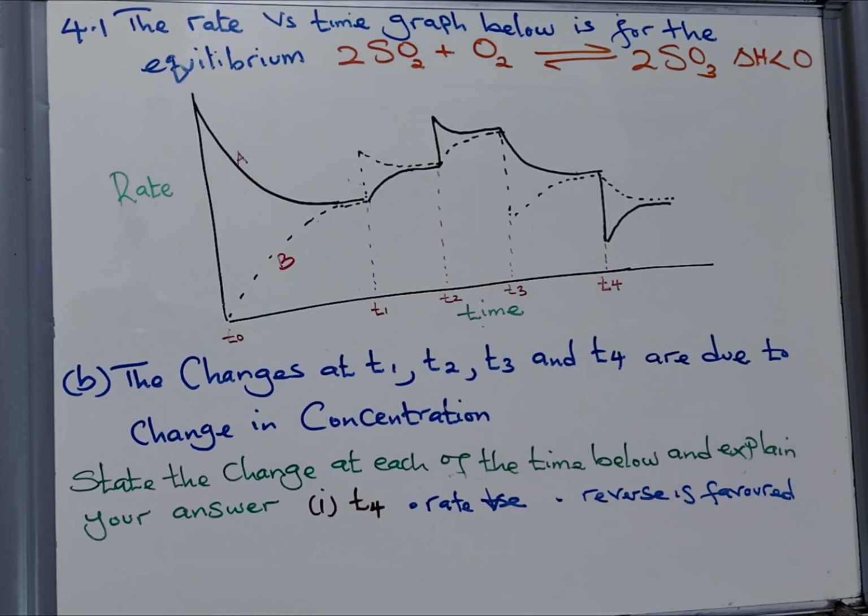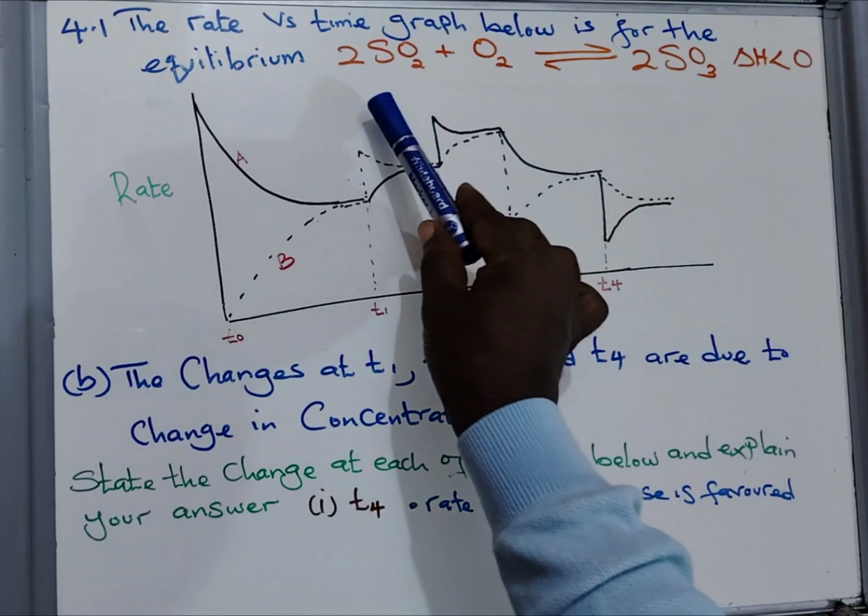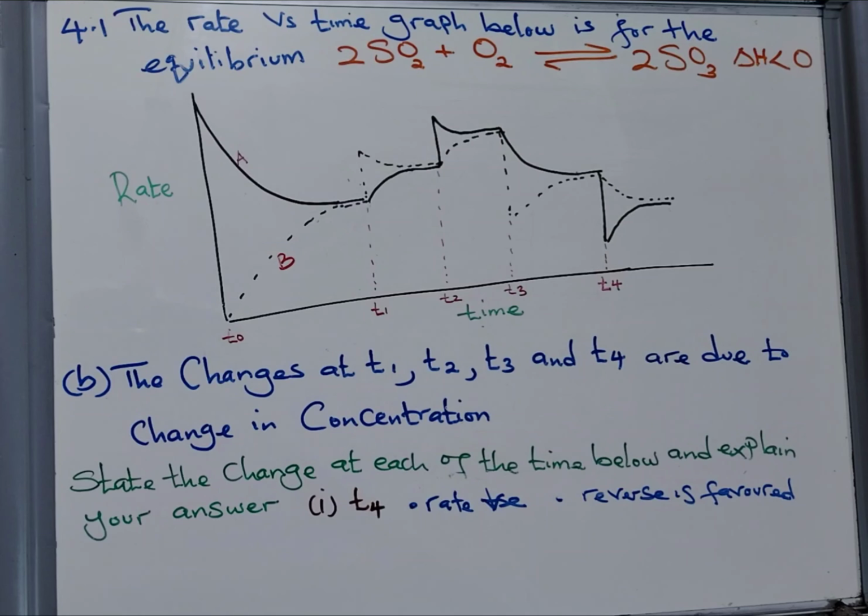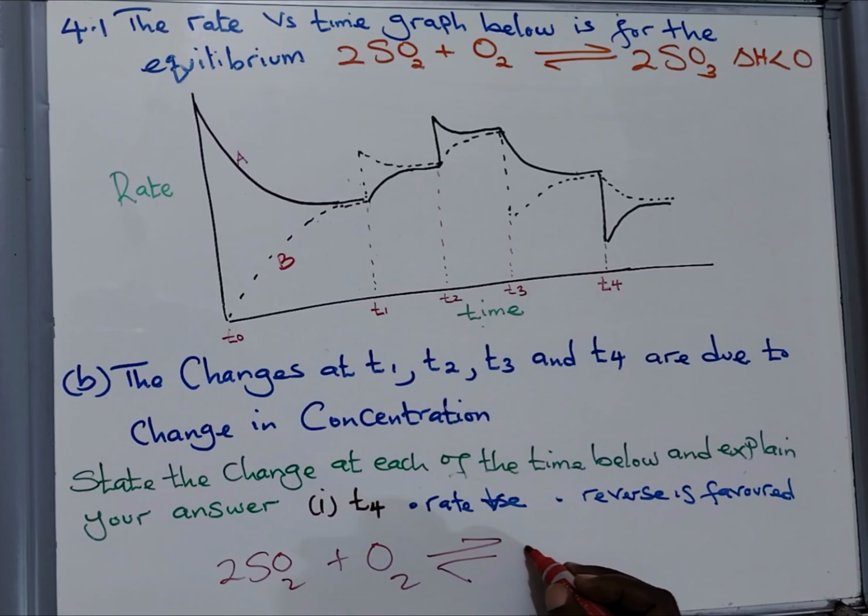Okay, so what can we get from these two observations? First, when the rate decreases, it implies that we are going to reduce any of the components. Okay, so what are we going to reduce? Reverse favored. Let us look at this equilibrium. You have 2SO2 plus O2 giving you 2SO3. And we are decreasing.